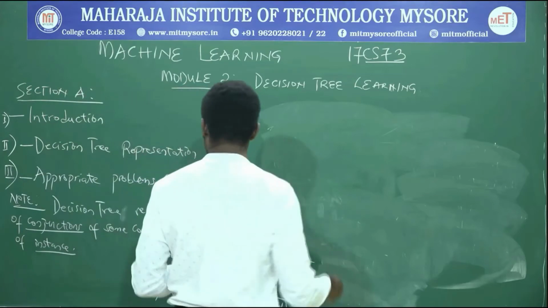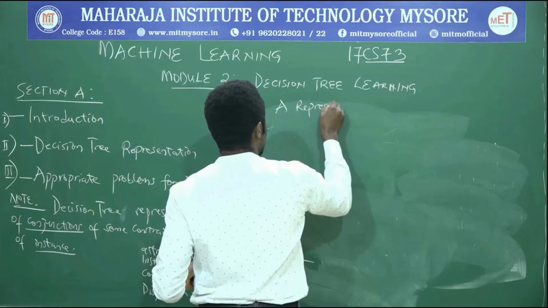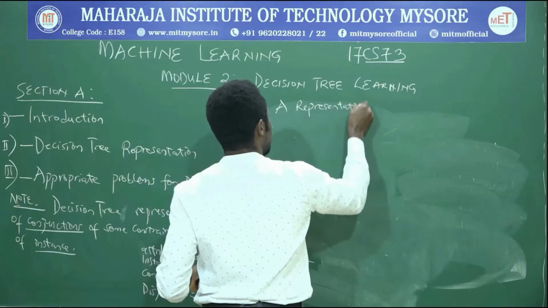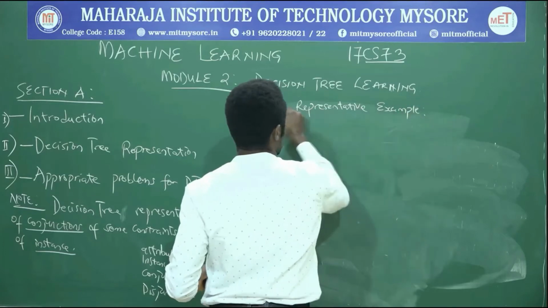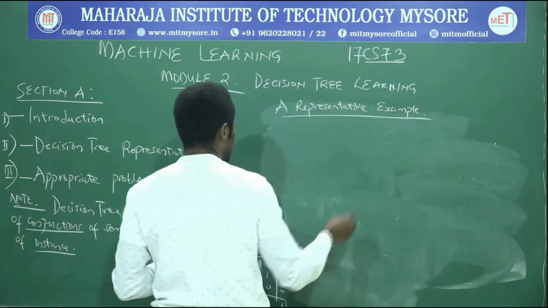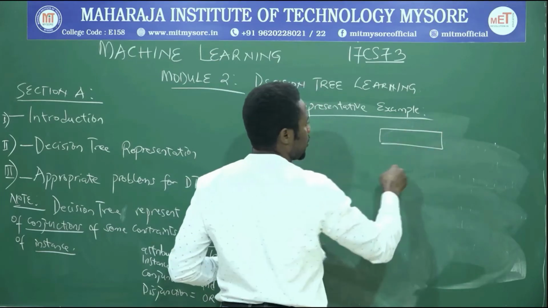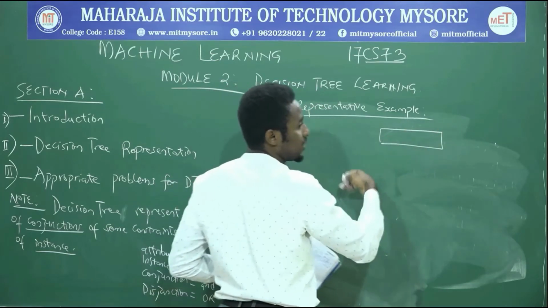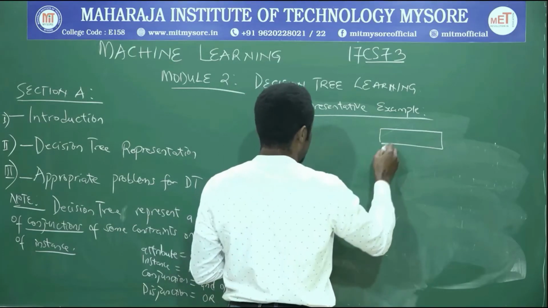So we take a representative example of disjunction of conjunctions of attribute value pair. This is the tree we are going to get to when we model a decision tree problem based on the ID3 algorithm.